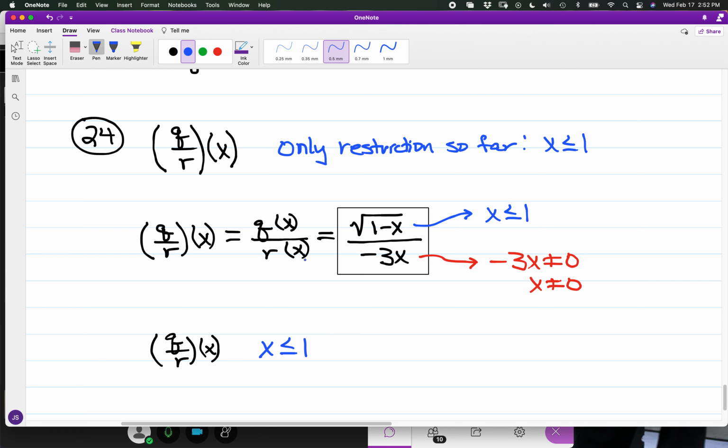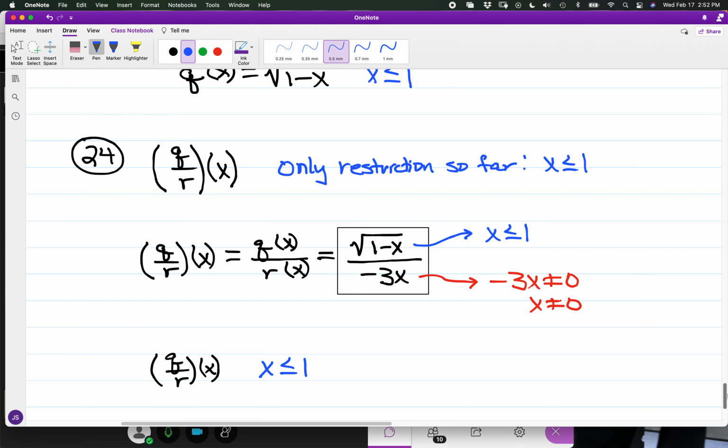And with negative 3x, which came from r of x, again the denominator cannot be 0 in value. So the other restriction is that x cannot be equal to 0.